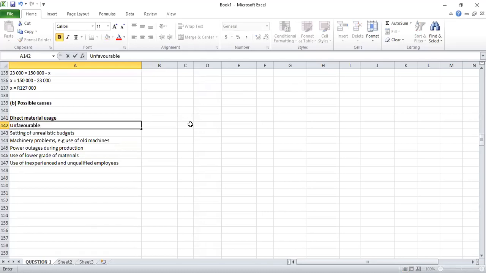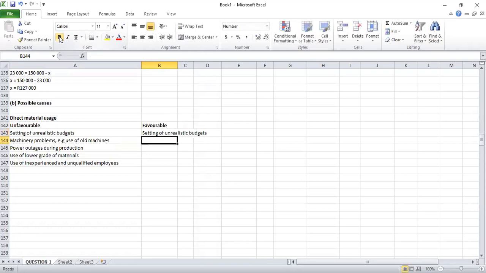On the other hand, it can be favorable. Setting of unrealistic budgets can also work. A use of higher grade of material.